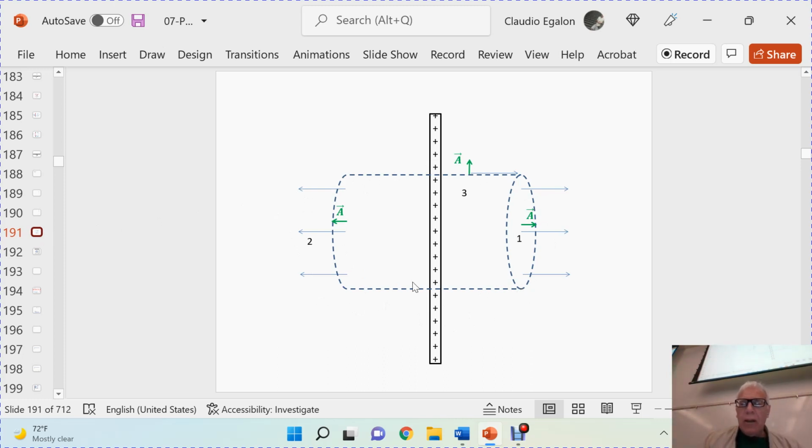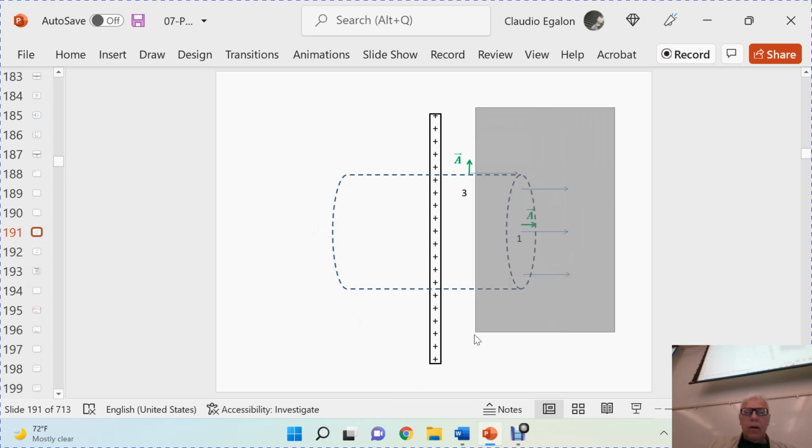Just like before, this cylinder has three surfaces. I call this one the cap, surface 1, this other cap, surface 2, and then cylindrical surface 3. Okay? Here are the area vectors of the cylinder. Let's break it down so you don't get overwhelmed.